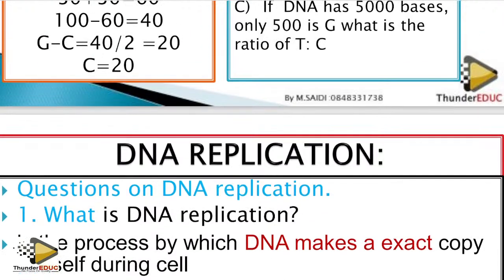What is DNA replication? Some of the questions they might ask you is about what is DNA replication. When you talk about DNA replication, basically you are talking about DNA making identical copies of itself.